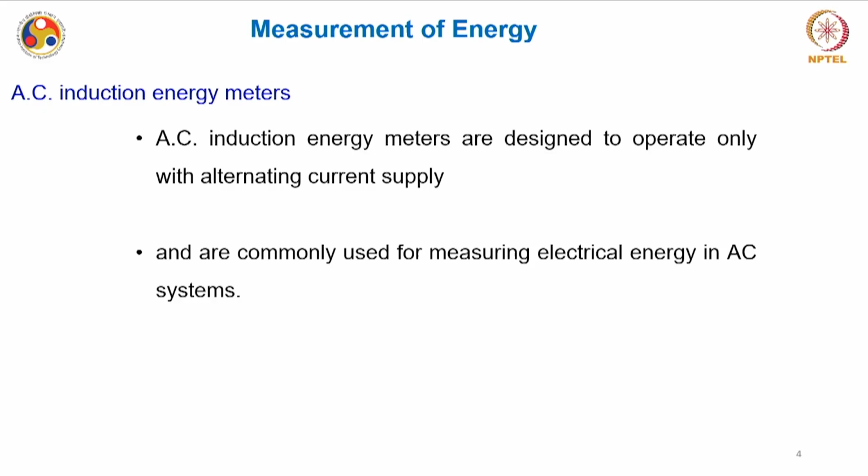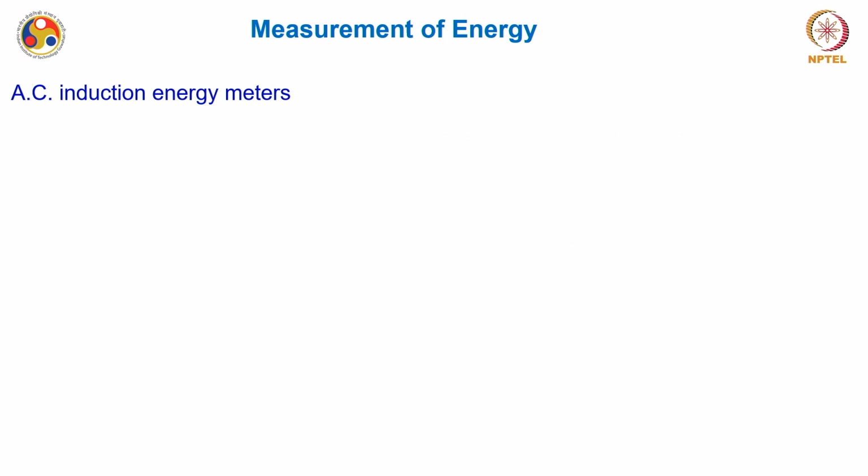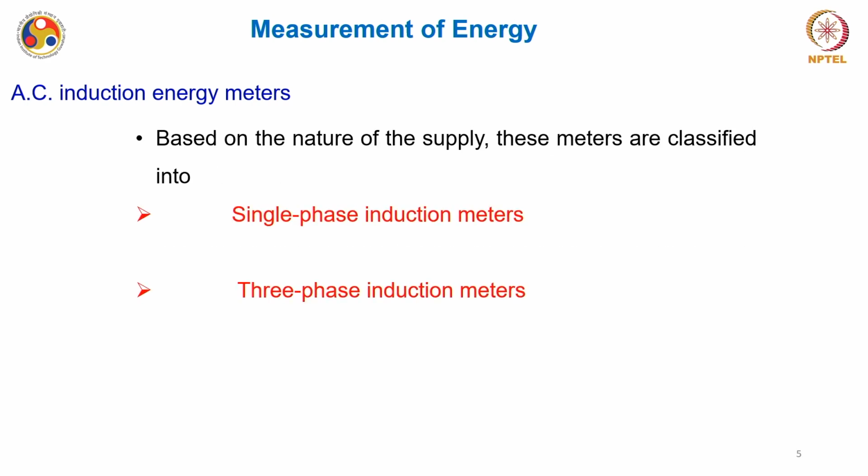Now, let us discuss AC induction type energy meters, which are very popular and are the ones used in our households for measurement of the energy that we consume, the meter that is installed in our houses. AC induction energy meters are designed to operate only with AC currents, and are commonly used for measuring electrical energy in AC systems. Based on the nature of supply, these meters are classified into two types.